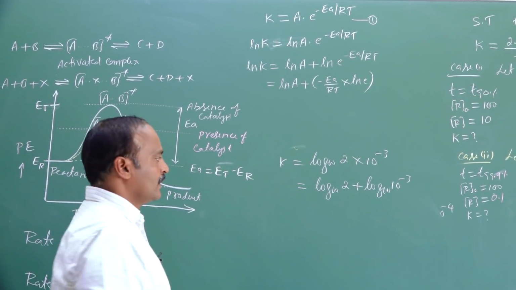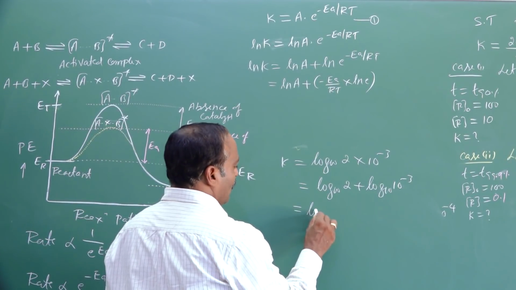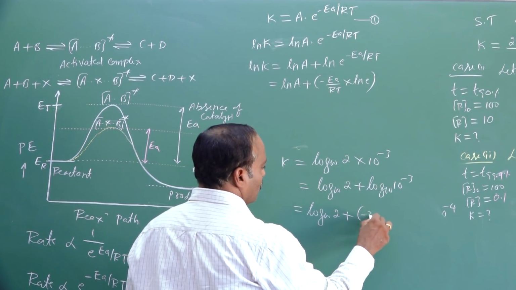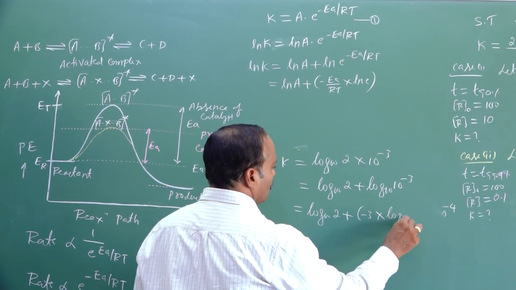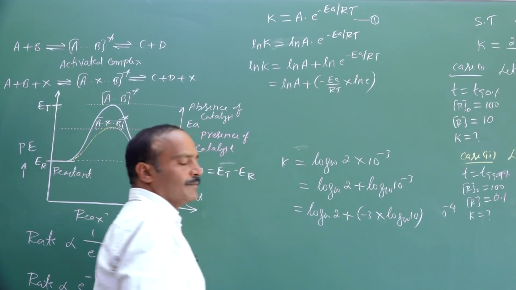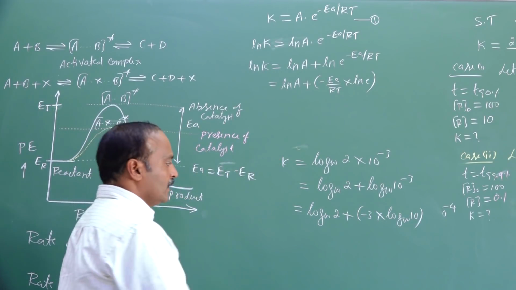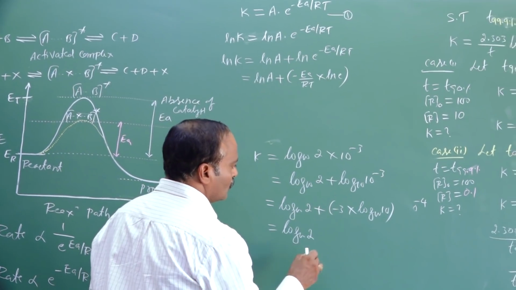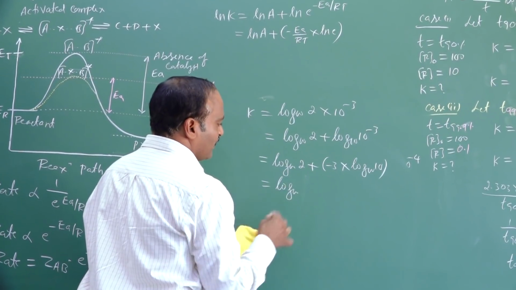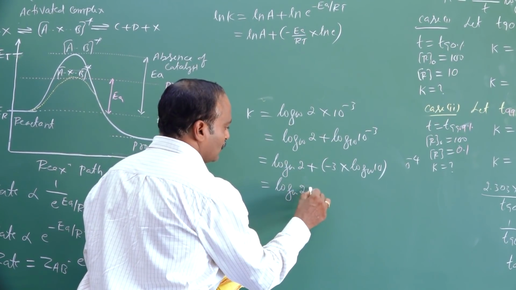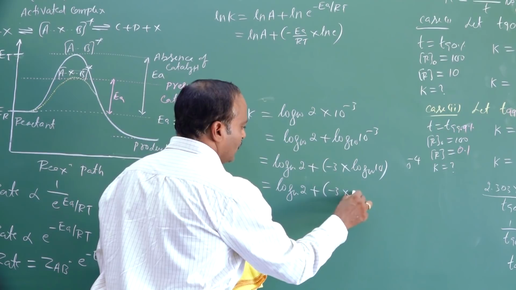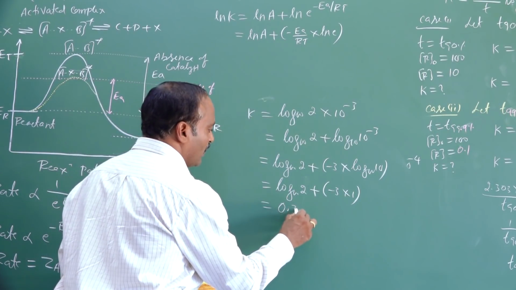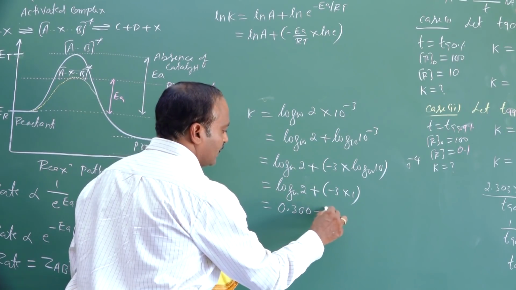It is equal to log base 10 of 2 plus minus 3 into log base 10 of 10. Log base 10 of 2 is 0.3010, so this is 0.3010 minus 3.